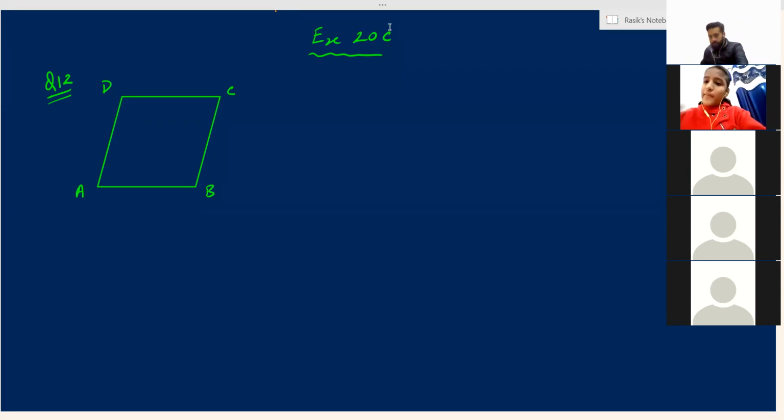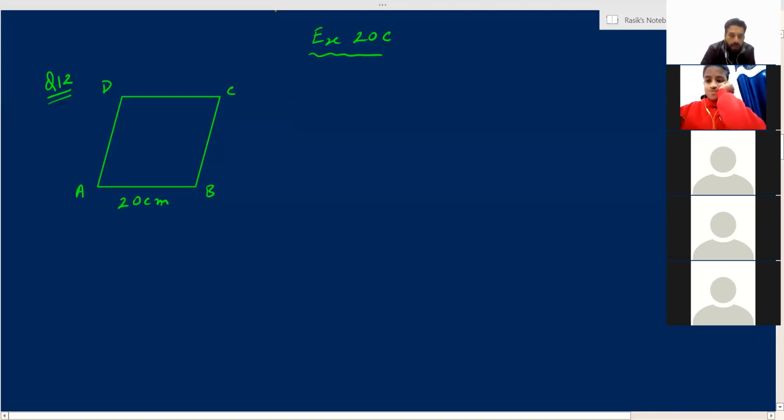So in the question it is given that one of the diagonals of the rhombus is 24 centimeters and the side of the rhombus is 20 centimeters. We all know that in a rhombus all sides are equal.